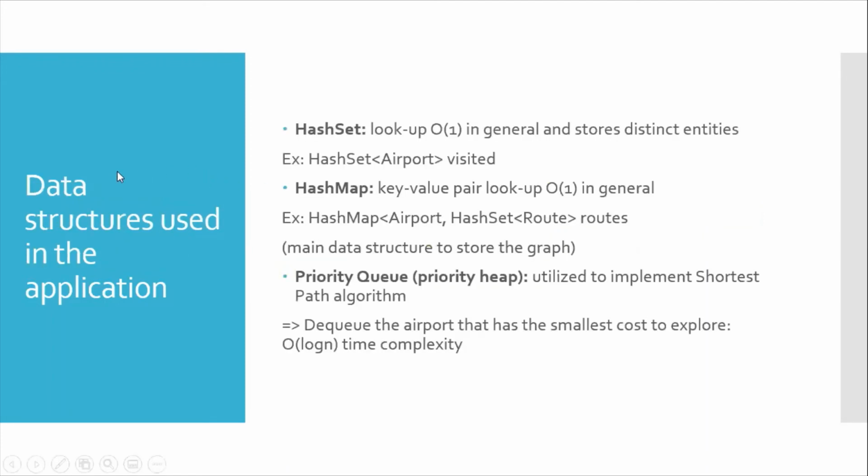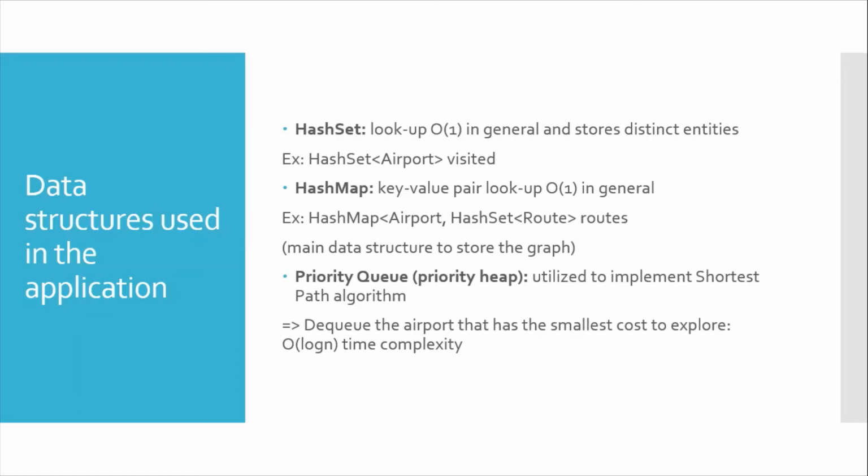In this application, I use three important data structures: hash set, hash map, and priority queue. Hash set allows my application to look up with time complexity big O of one, such as when I keep track of whether an airport has been visited or not.